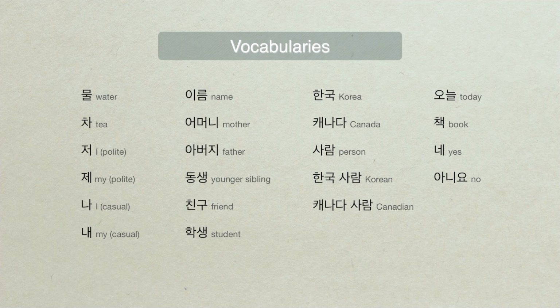Let's read these together. 물, 차, 저, 제, 나, 내, 이름, 어머니, 아버지, 동생, 친구, 학생, 한국, 캐나다, 사람, 한국 사람, 캐나다 사람, 오늘, 책, 네, 아니요.